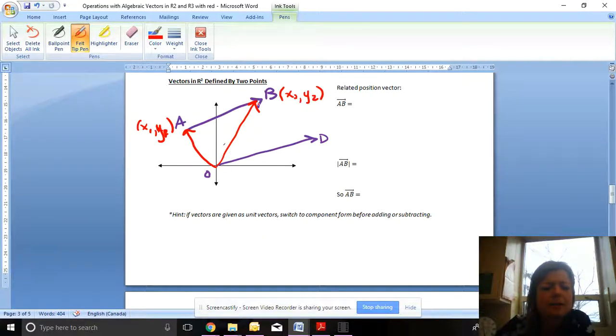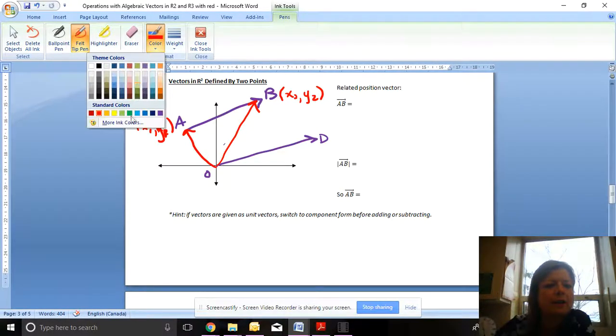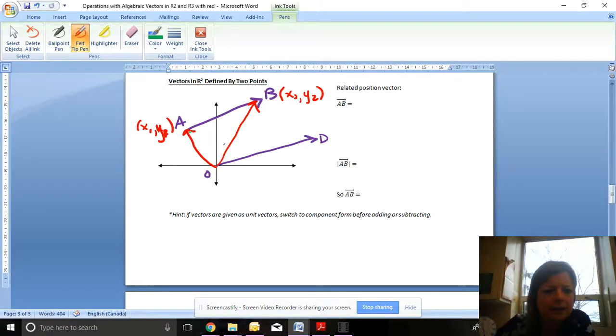So how can we determine AB? Well, notice that AB is the resultant of the opposite of OA plus OB. If we took a vector going this way, negative OA, and added it to OB, the resultant would be AB.